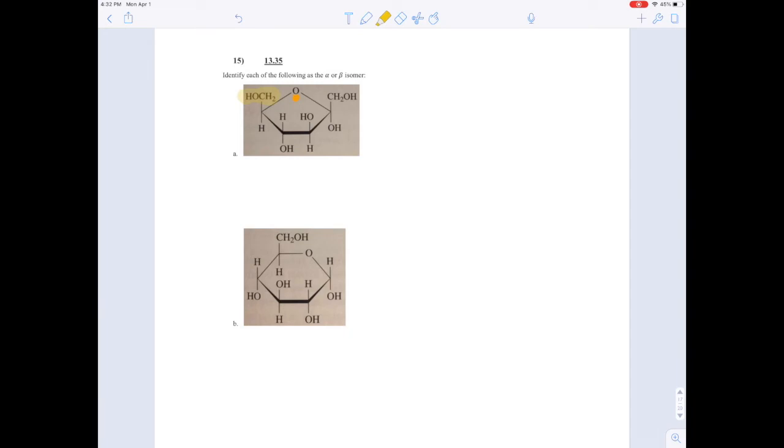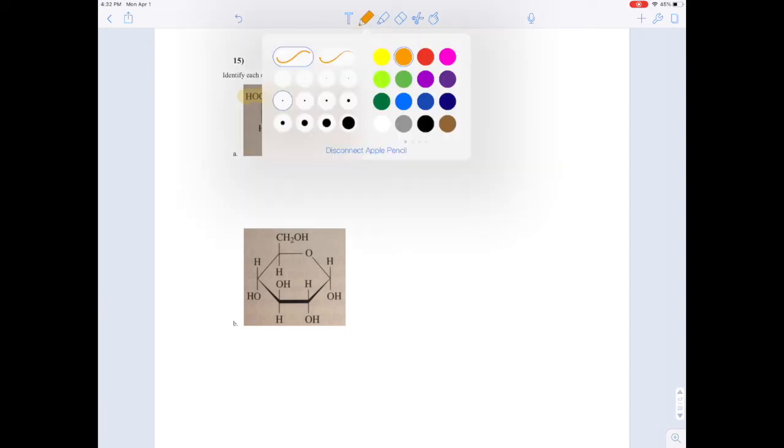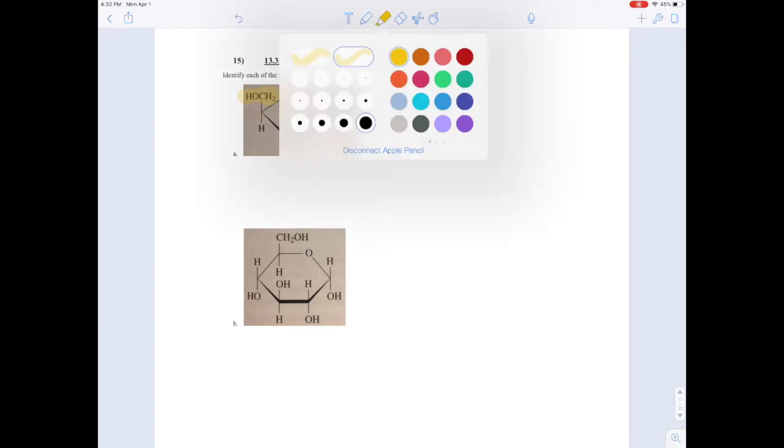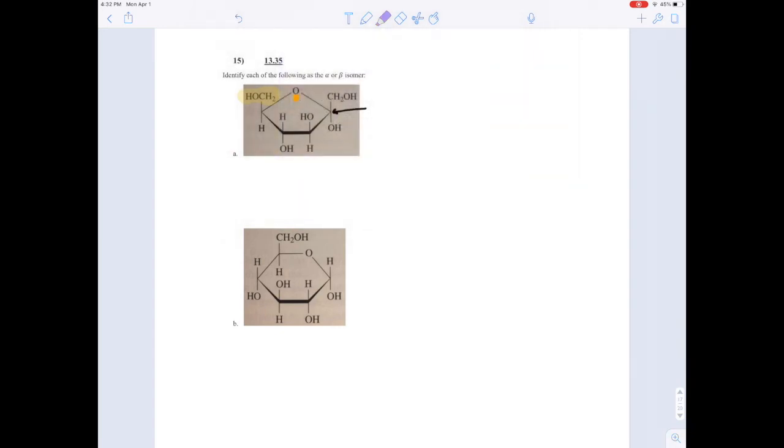To the right of that, you have a carbon, this carbon here, and you're looking at the OH coming off of that carbon. So here, that OH is going down. If the OH is going down, then it is the alpha isomer.